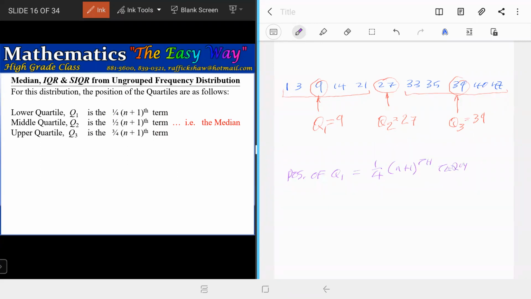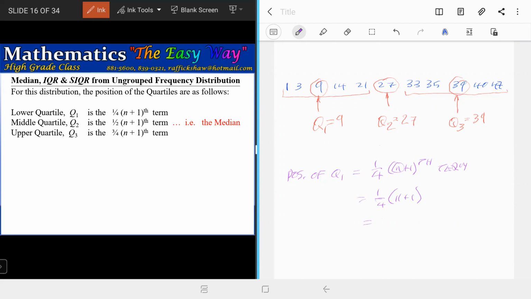The n is 11, as there are 11 values. So this becomes 1/4 of 11 plus 1, which is 1/4 of 12.